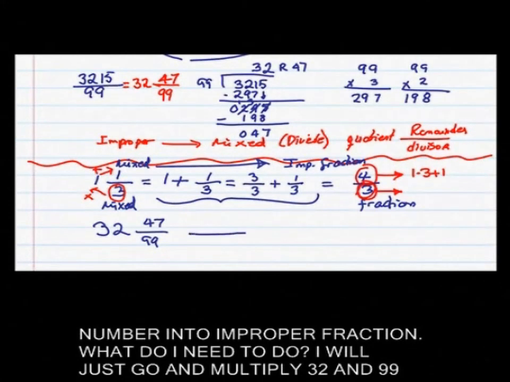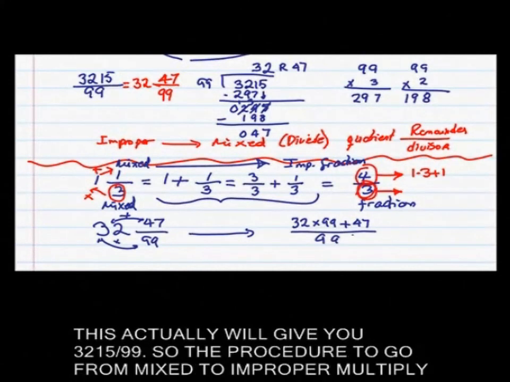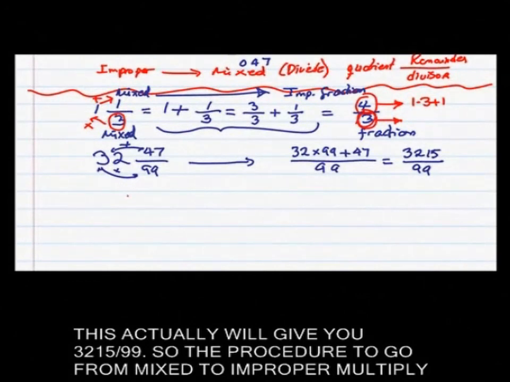I will multiply 32 and 99, these two numbers, and I will add the top, 47, and I will leave the denominator alone. And this actually will give you 3,215 99ths.